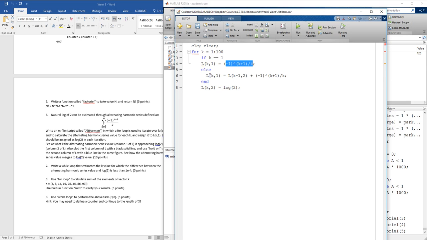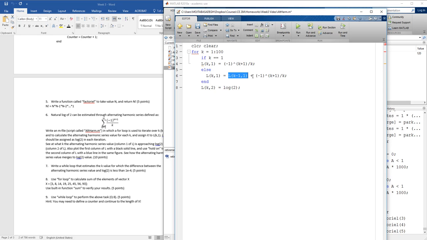Then the second element, L of 2 and 1, would be L of 1 and 1 plus negative 1 to the power of, now k is 2. So basically element 2 plus whatever was saved in the first round.